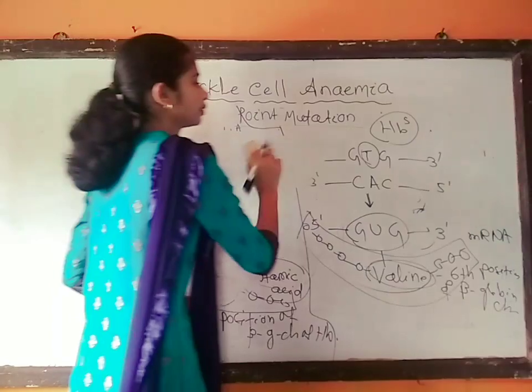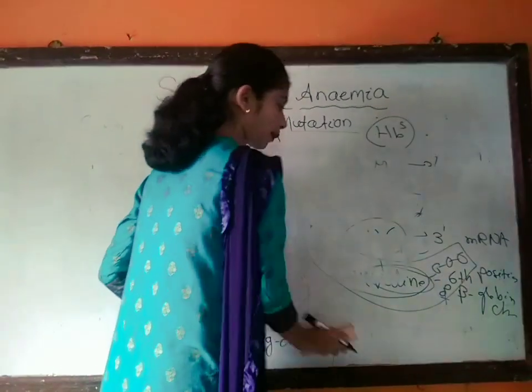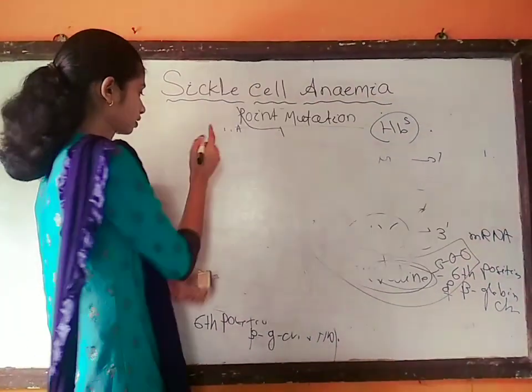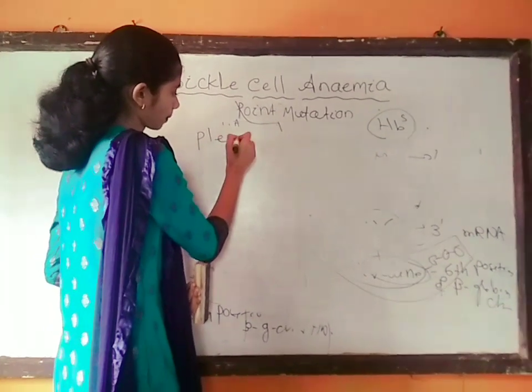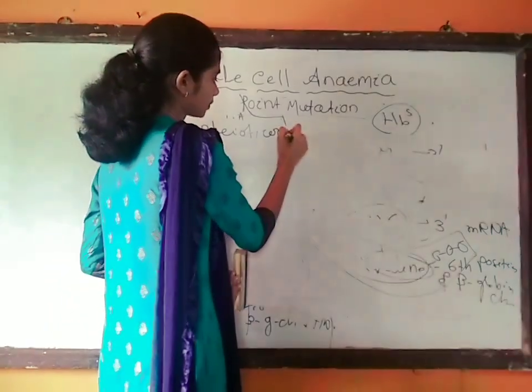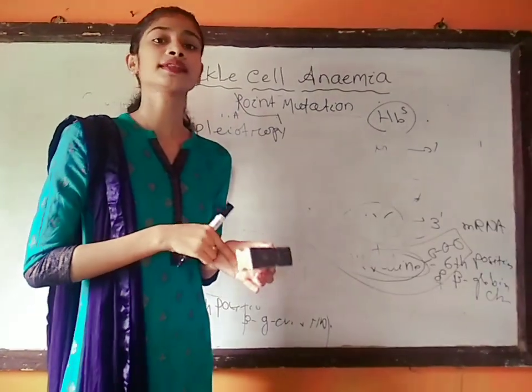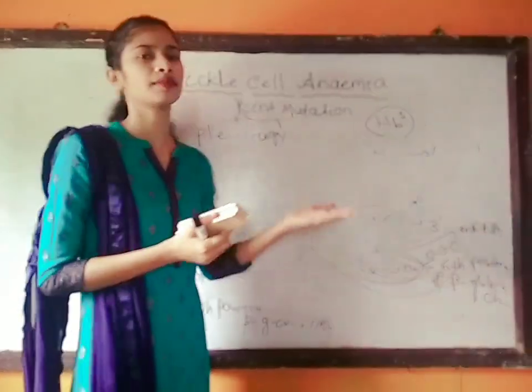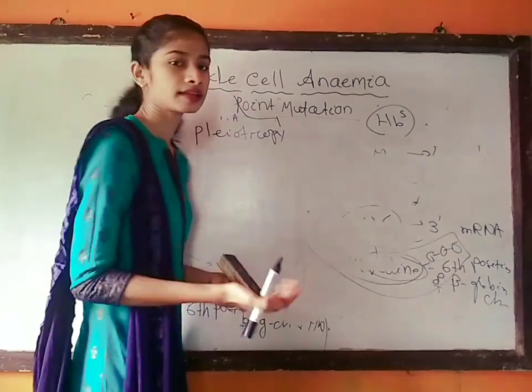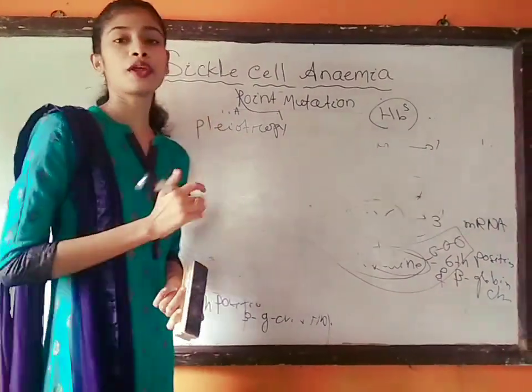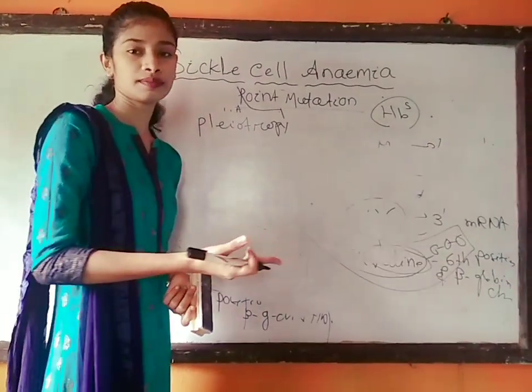So this sickle cell anemia also shows pleiotropy. What is pleiotropy? When a single allele gives many types of effects, various effects, it is called pleiotropy. A single allele will give many effects.